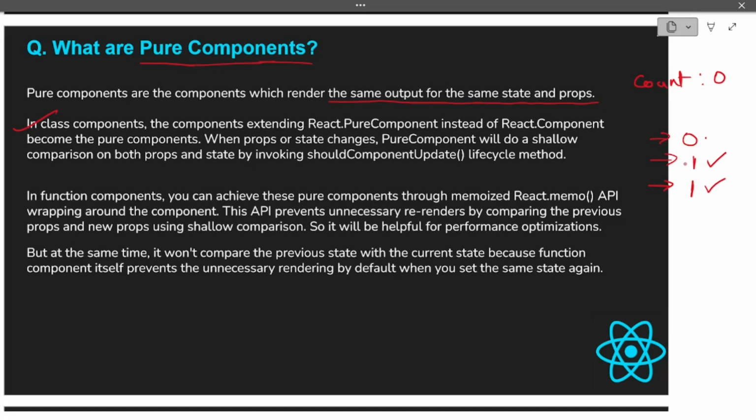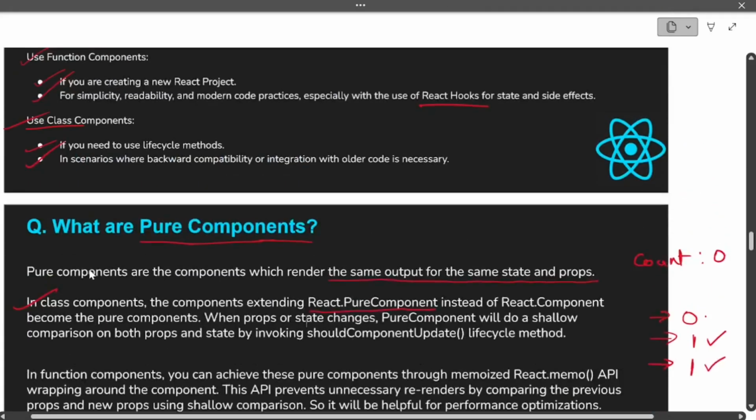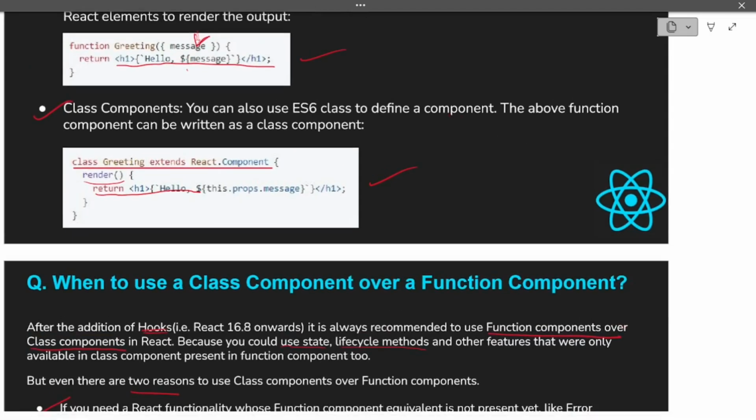So in this case, a piece of code might have got executed, but that code changed your value to the same value which it was previously. What you can do is use React.PureComponent in your class-based component. We saw one example right above while we were writing the class-based component, where we wrote class Greeting extends React.Component.